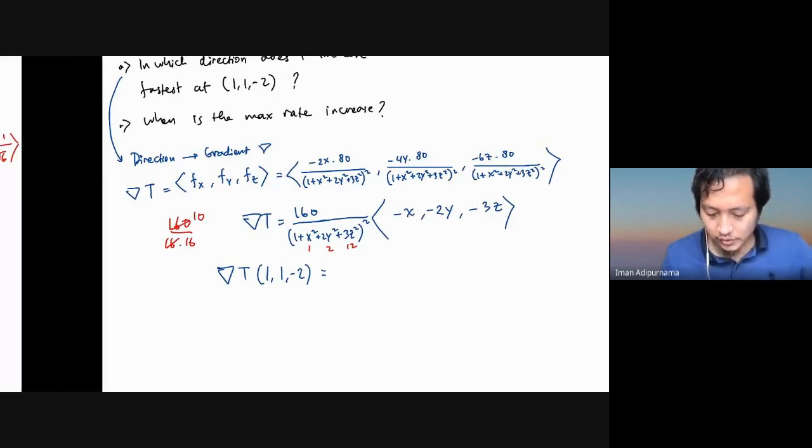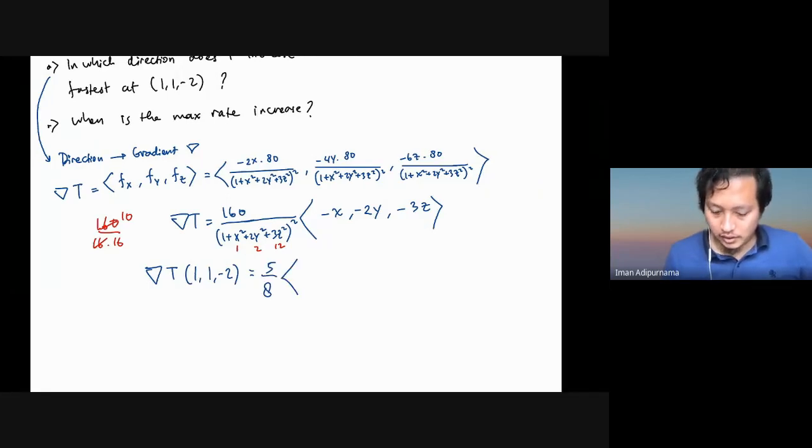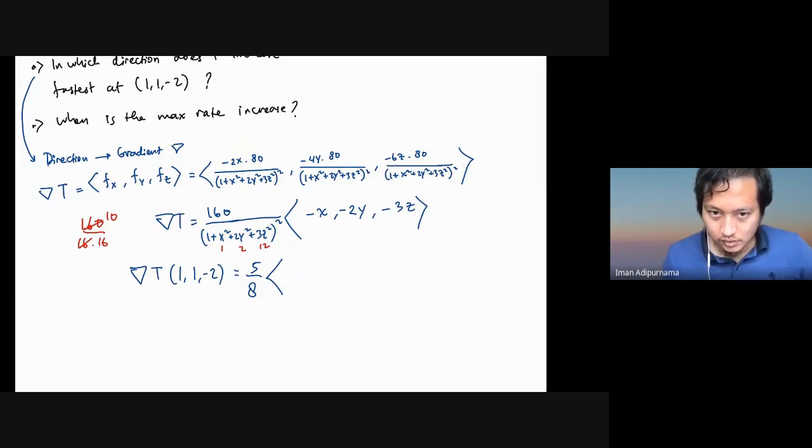So I have 10 over 16. So I have 5 over 8. Okay. And I have negative 1, negative 2, and 6, right? Or I can actually write in terms of negative i, negative 2j, negative 6k. Oh, positive, sorry.